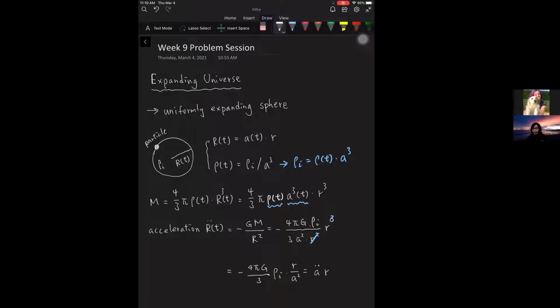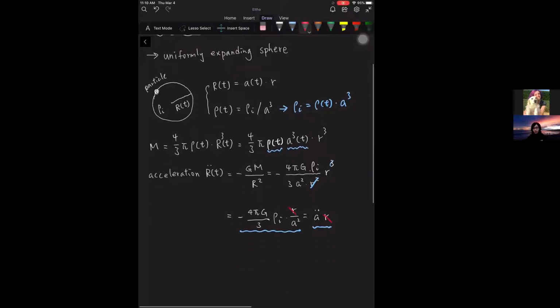By comparing this expression with the one we just derived, we can ignore the small r now, and then we get the expression for double dot a. We can write a double dot is minus 4 pi G rho I over 3a squared.